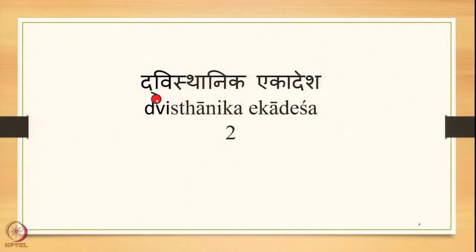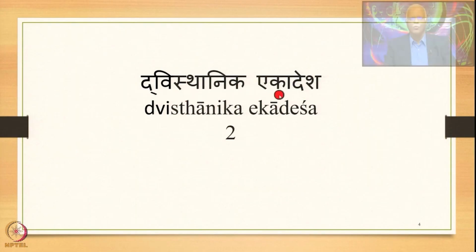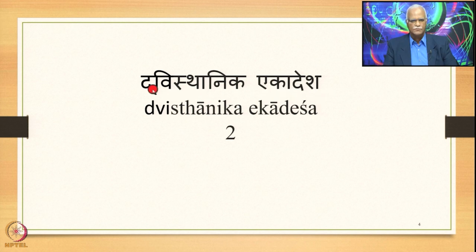Now this is the second classification, Dvisthanika Ekadesha. This is what we are studying currently. This means two substituents and one substitute, Dvisthanika and Eka Adesha.